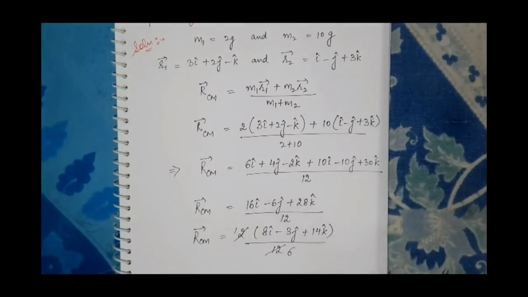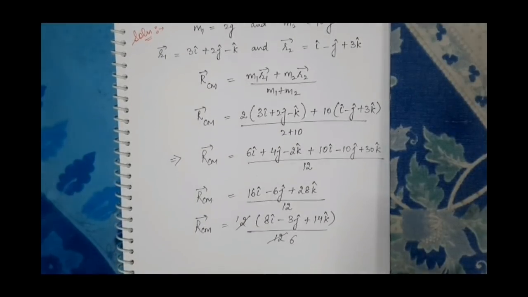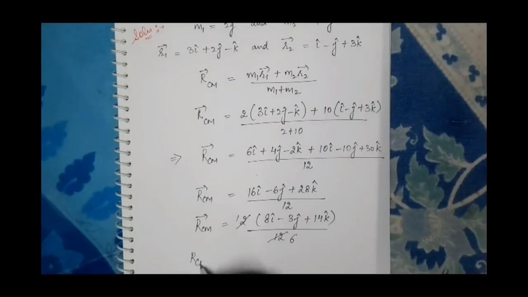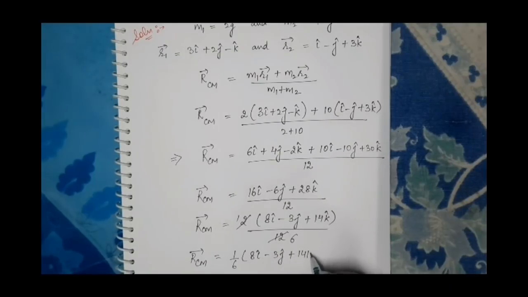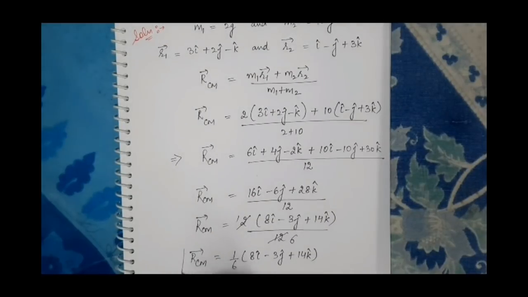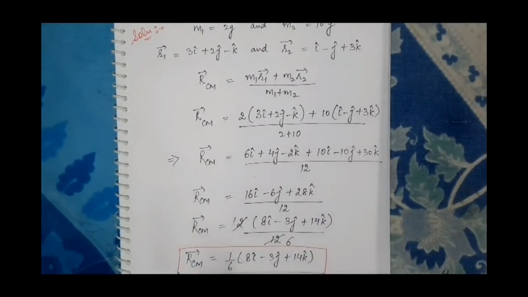The 2 will be cancelled out. So this is the position vector. The position vector of the center of mass from the origin is given by 1 by 6 times 8i cap minus 3j cap plus 14k cap. So we have found the position vector of the center of mass from the origin.